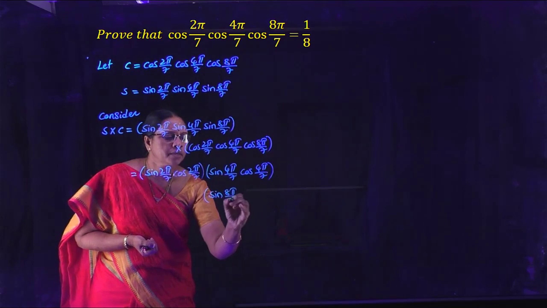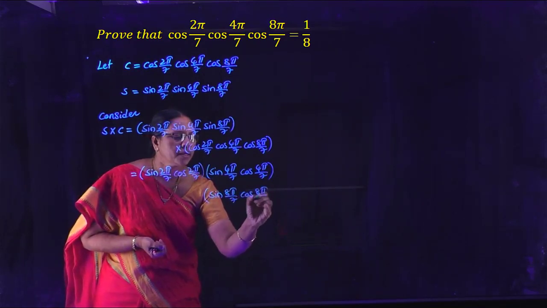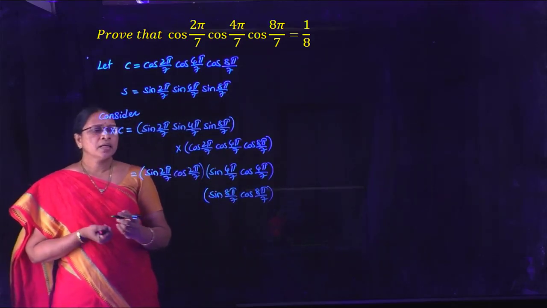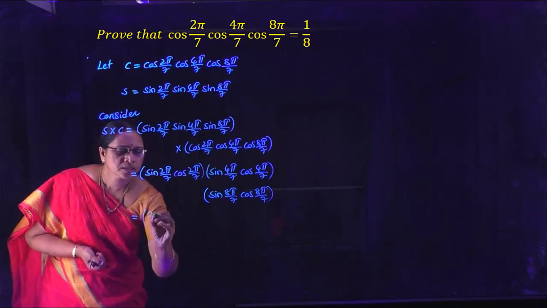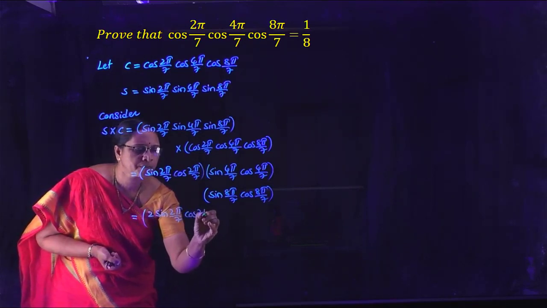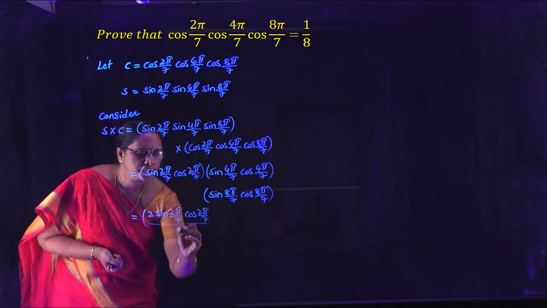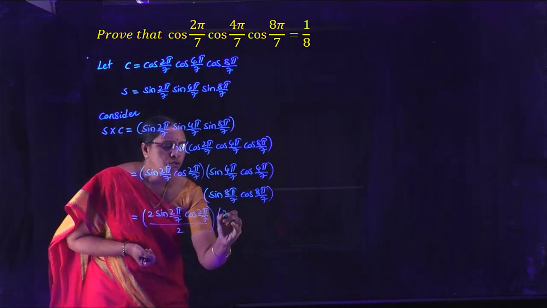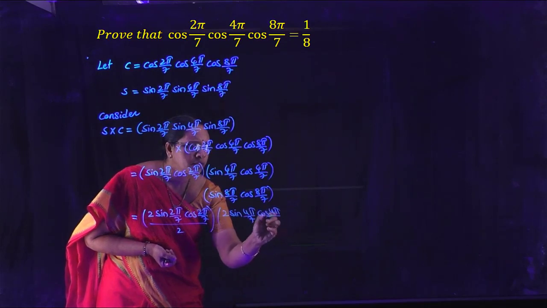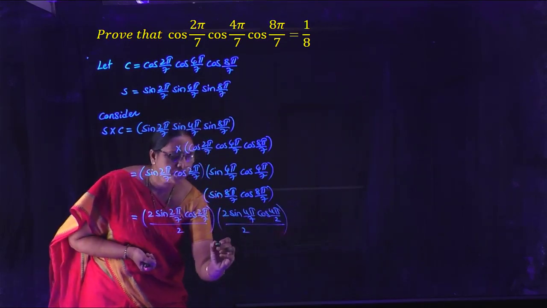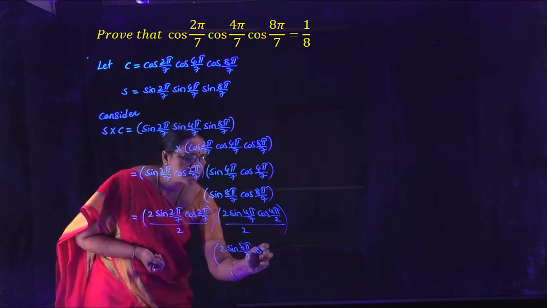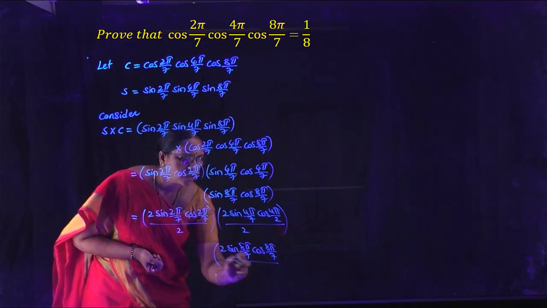Here, in each bracket, multiplying and dividing by 2, we get 2 sin 2 pi by 7 cos 2 pi by 7 whole by 2, into 2 sin 4 pi by 7 cos 4 pi by 7 whole by 2, into 2 sin 8 pi by 7 cos 8 pi by 7 whole divided by 2.